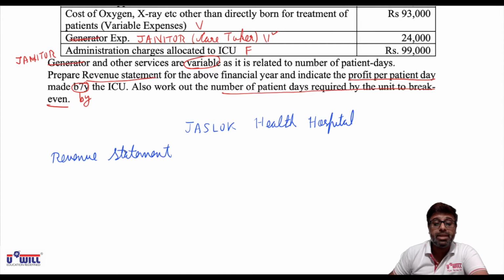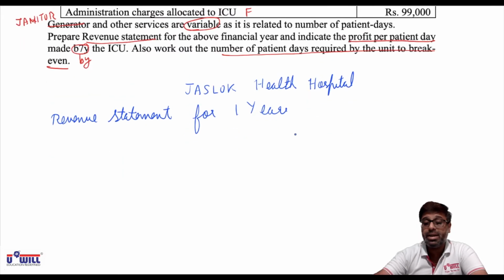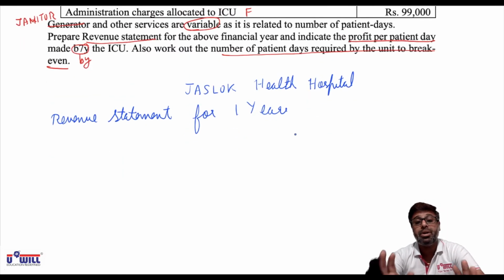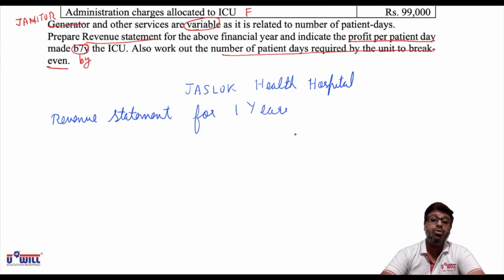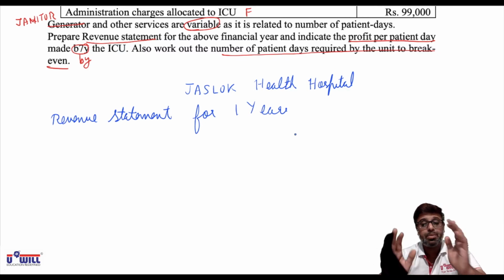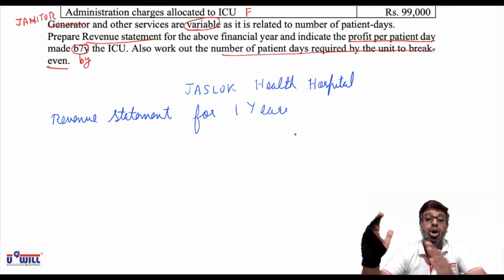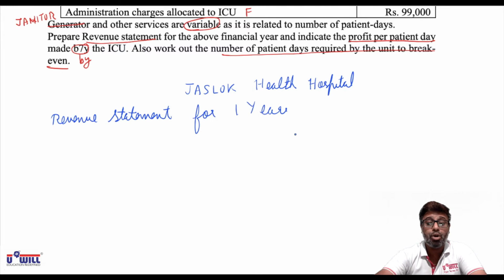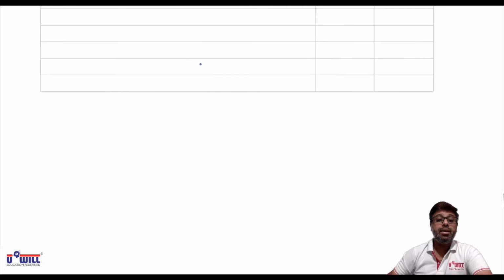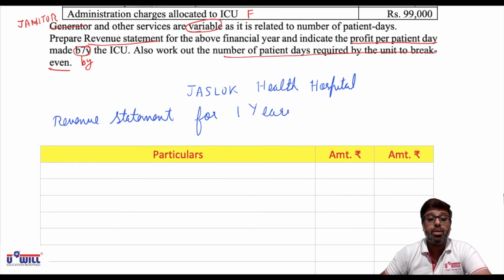As we discussed, we'll make the statement for a period of 1 year. And how many columns will you make in this revenue statement? 2 columns, particulars and amounts. Rather 3 columns, particulars, amount and amount. 2 columns of amount. So all of you pause the video and make the formats: particulars, amount and amount. Yes, I hope everyone would have done this format.